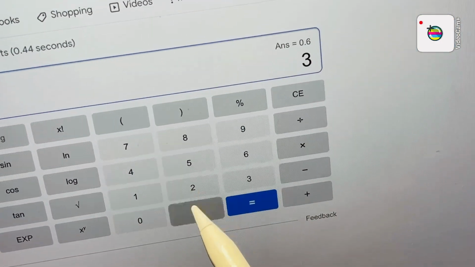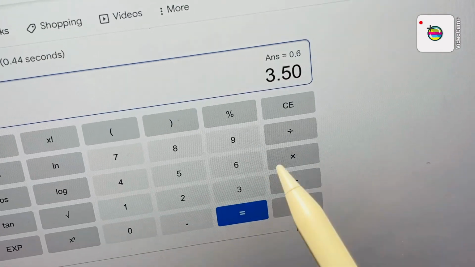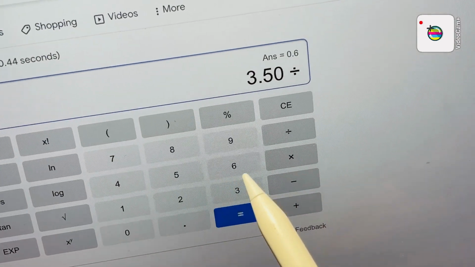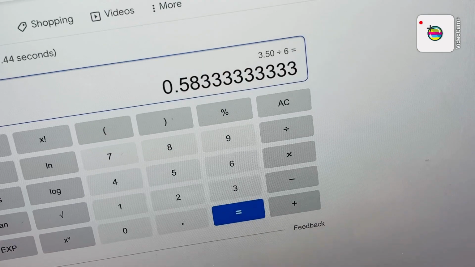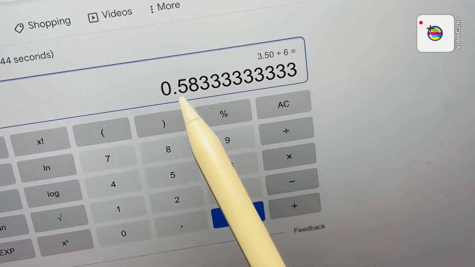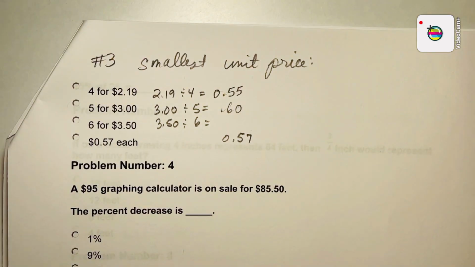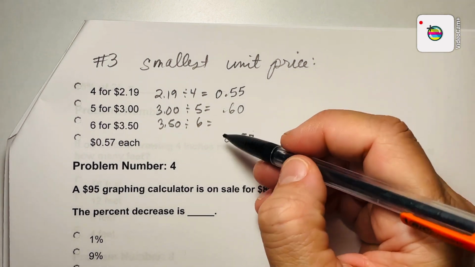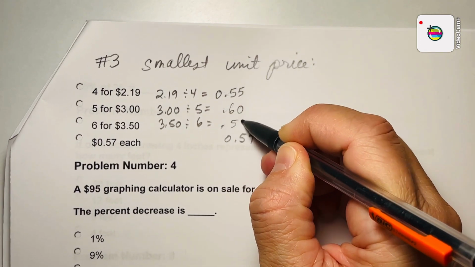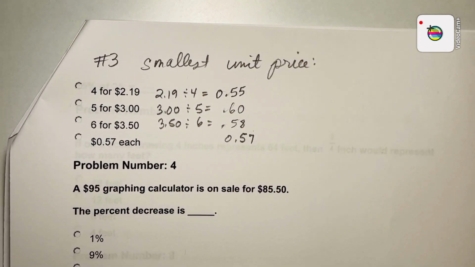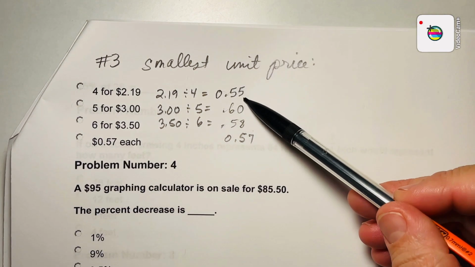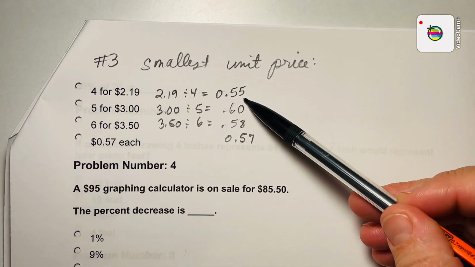You can be doing this also. I want you to be writing all of this out that I am writing and working it out on your calculator. Okay, this comes out to 58 cents. You round it. So the smallest unit price is 55 cents per unit.